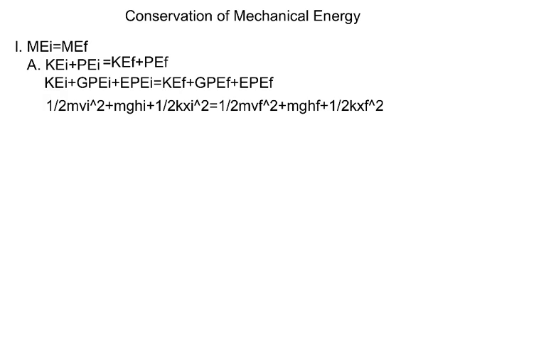That is 1/2 mv initial squared plus mgh initial plus 1/2 kx initial squared is equal to 1/2 mv final squared plus mgh final plus 1/2 kx final squared.